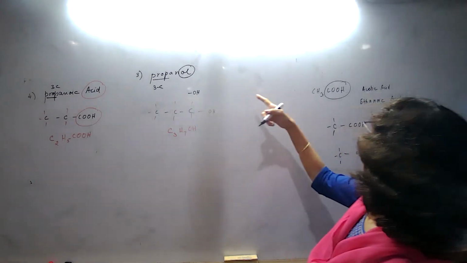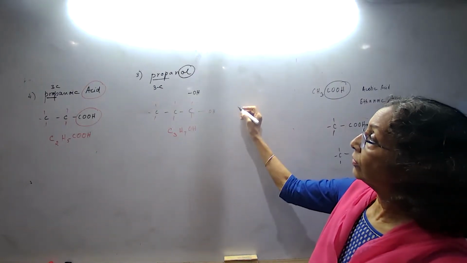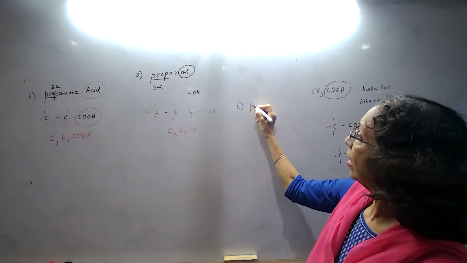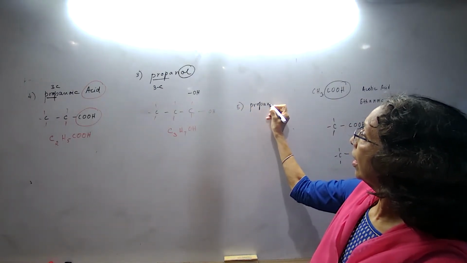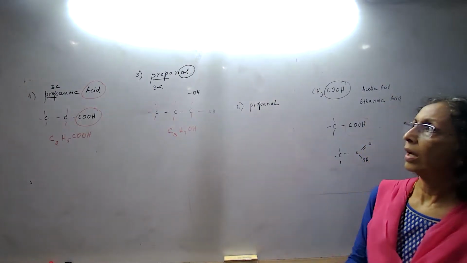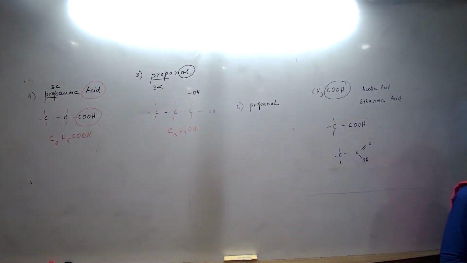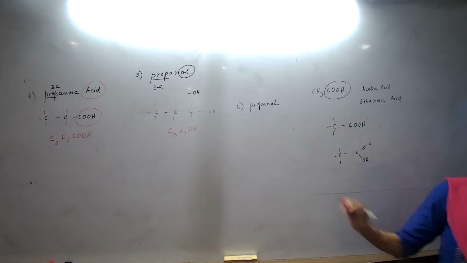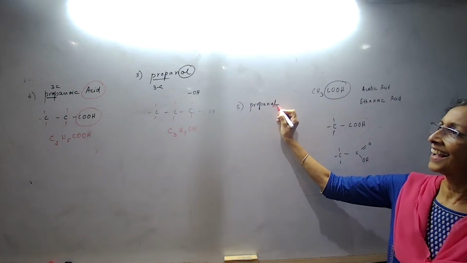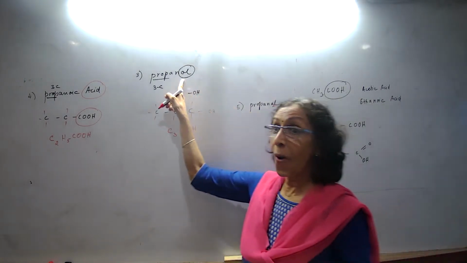This was number 4, 5. ये propanol already. What is this now? R. Al. This is what? All.